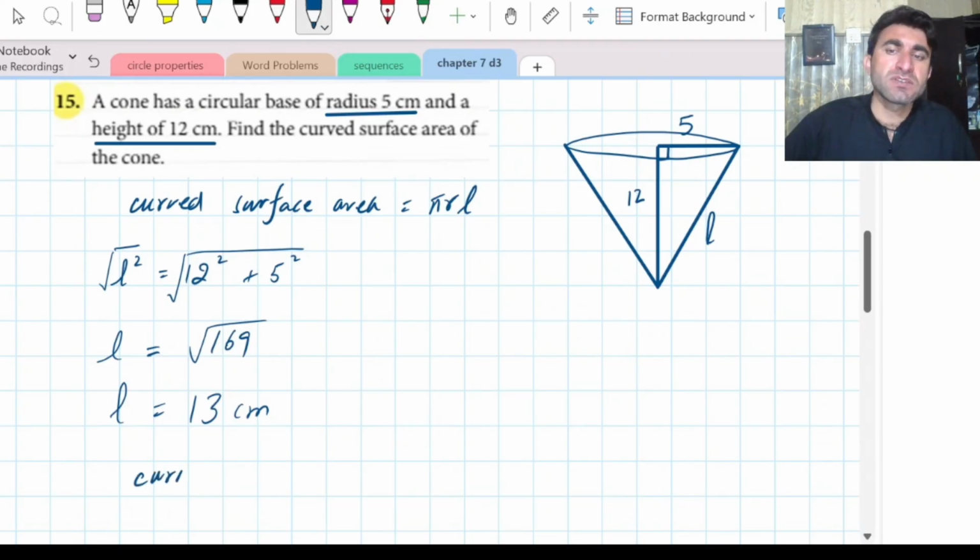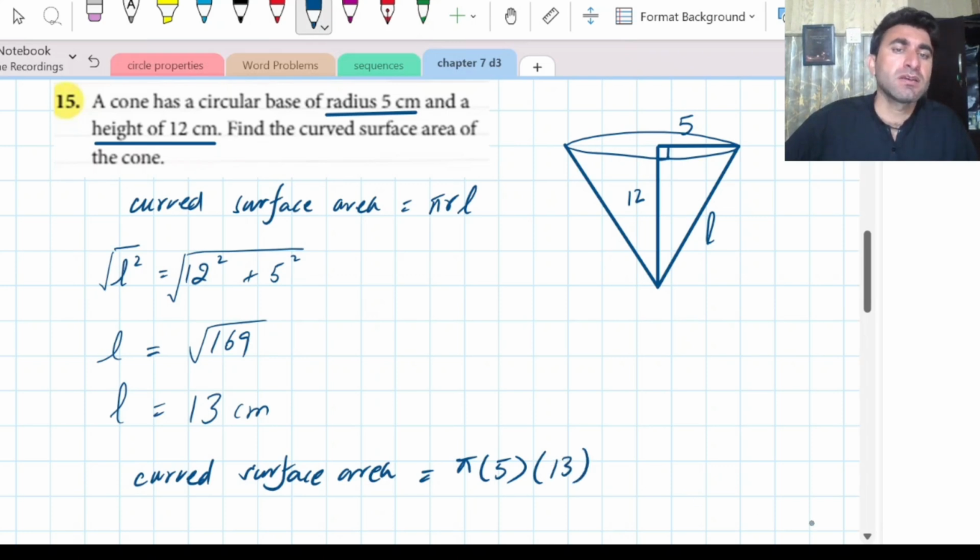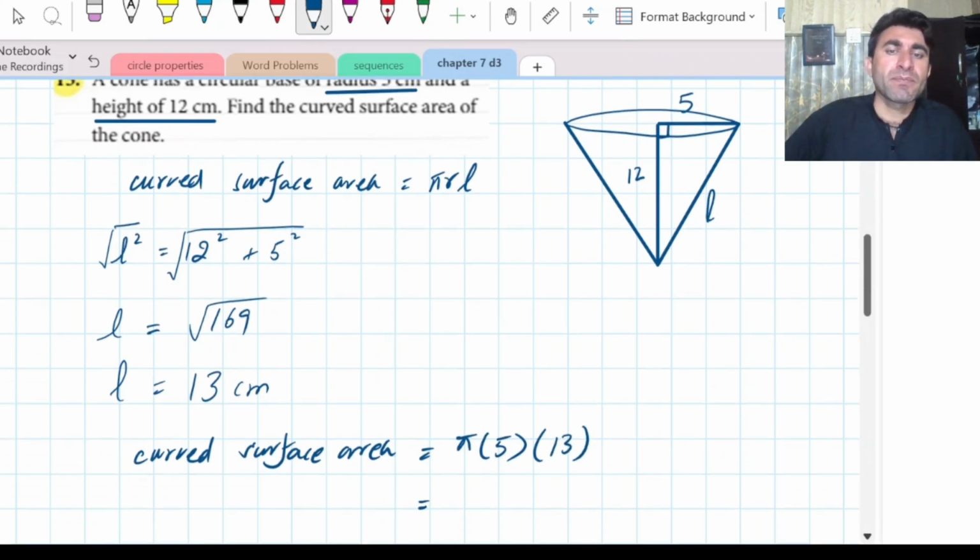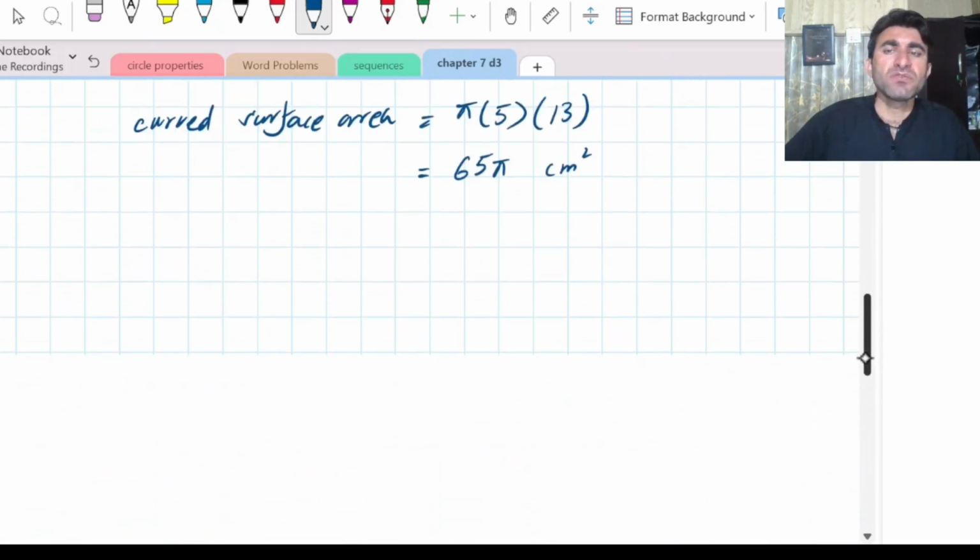The curved surface area becomes pi times radius 5 times slant height 13, so it becomes 65 pi centimeter square. So this was question number 15.